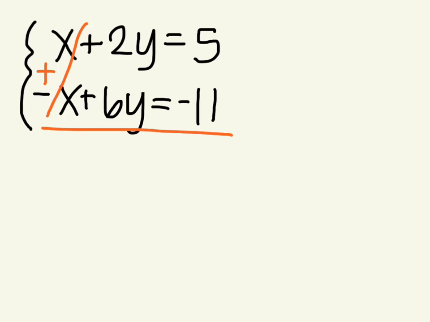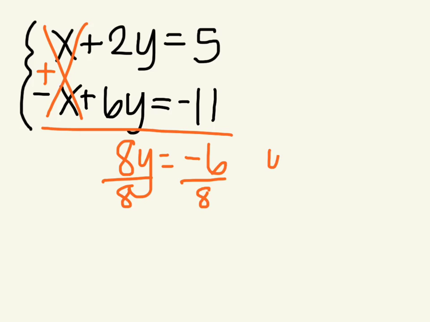So x cancels out. 2y plus 6y becomes 8y. 5 minus 11 becomes negative 6. Dividing through by 8 leaves me with the y value of negative 2/3. So I've solved and I'm already on my 5th step.